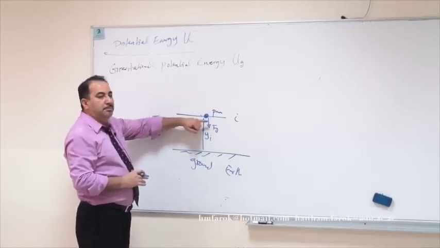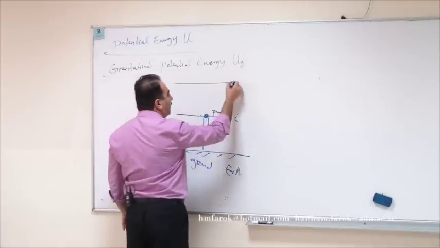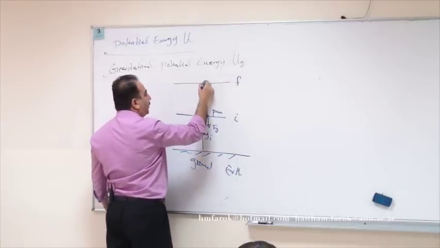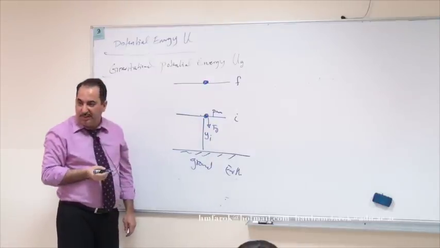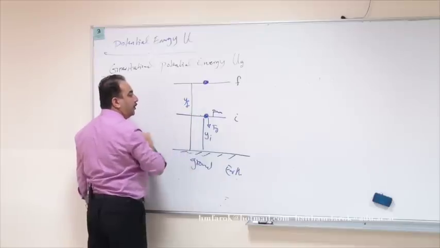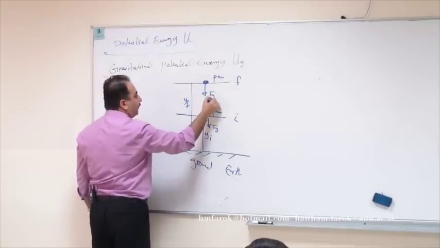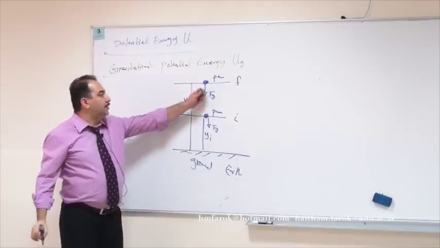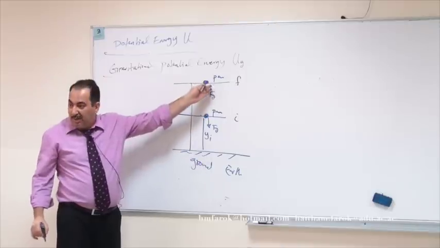If the pen, somehow, we move it from initial to final level here above or below, it doesn't matter. What happens to the arrangement? Changed, yes? To a new arrangement, Y final. This is the pen. Gravity is this way, yeah? So I have a force of gravity, and I have an arrangement, so there's a new potential.